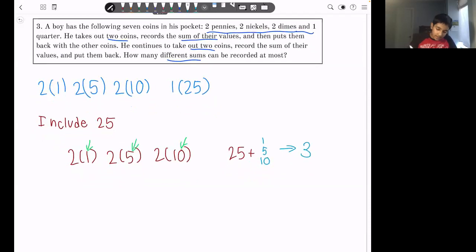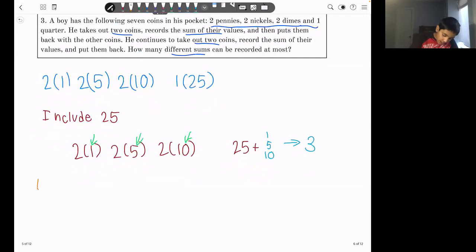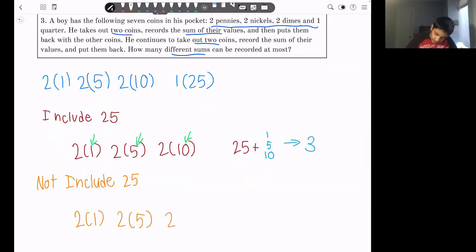And the second case is a little bit more tricky. We don't include the 25. So now we have to choose 2 coins amongst the 2 1s, the 2 5s, and the 2 10s.